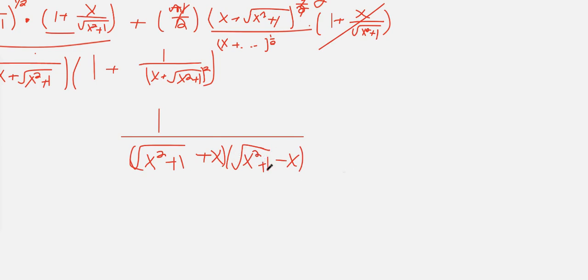And it's pretty easy to see that this will never be 0, because this is basically the square root of x squared plus 1, and this is the square root of x squared. X squared plus 1 is always greater than x squared, hence this will never be equal to 0. So we can justifiably multiply the top and bottom by it.